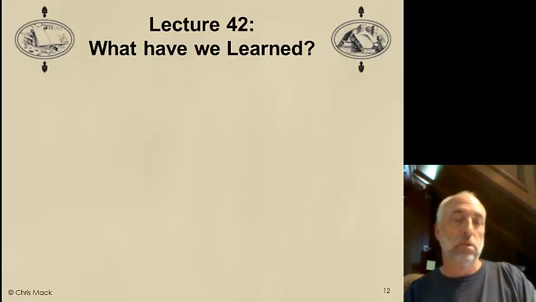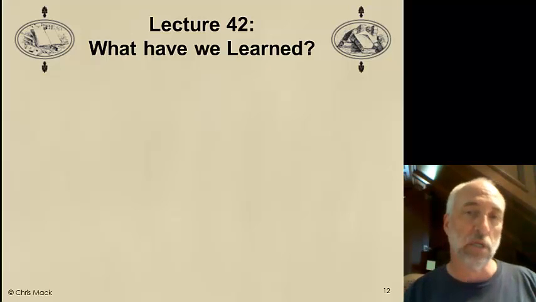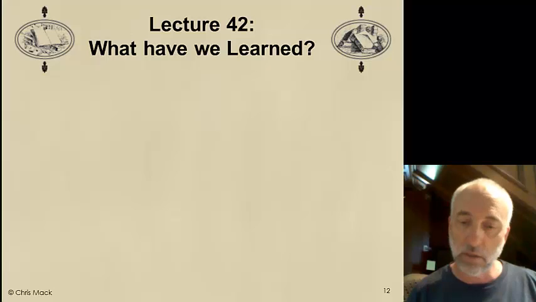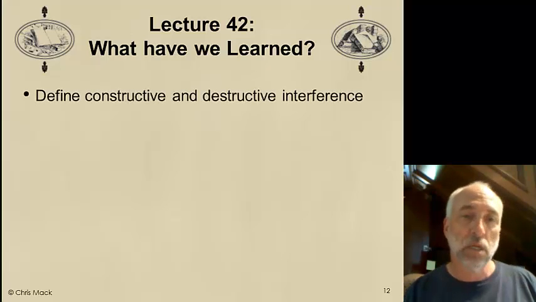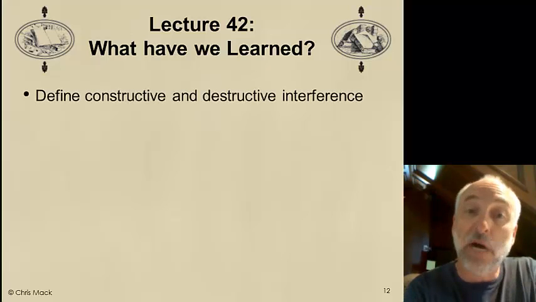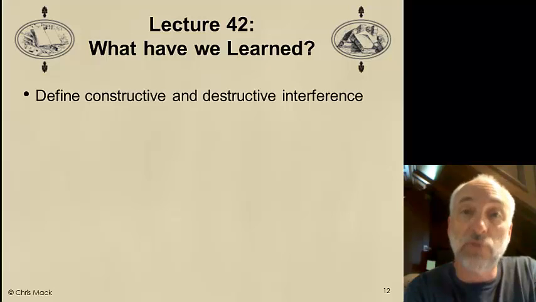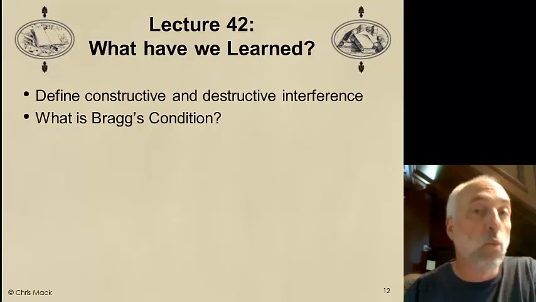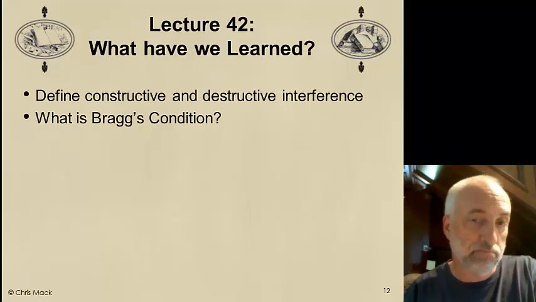All right, we talked about a lot of things in Lecture 42. What have we learned? See if you can answer all of these questions easily. If not, go back and review some of the material. So, define constructive and destructive interference. What is Bragg's condition?